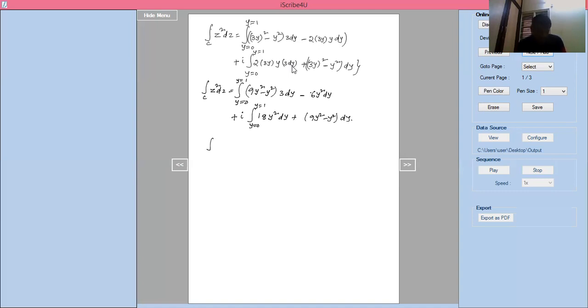Now if you simplify this, 9y squared minus y squared is 8y squared, and 8y squared into 3 is 24y squared.